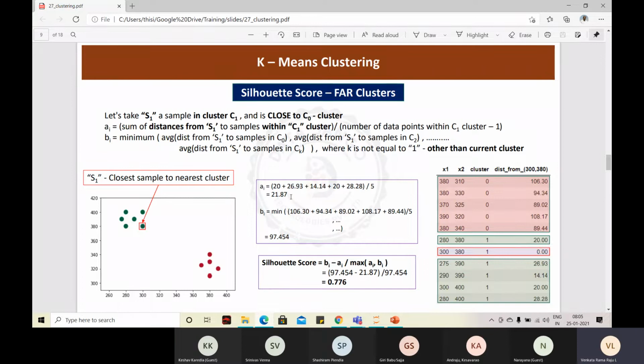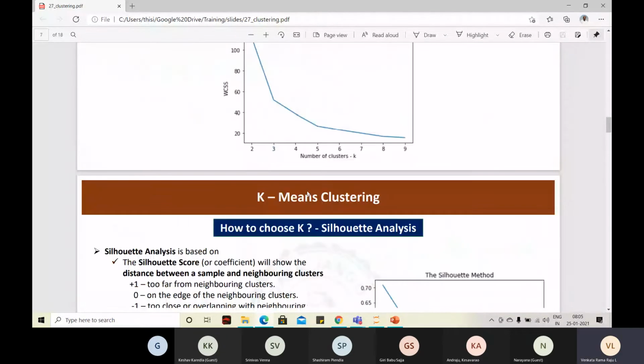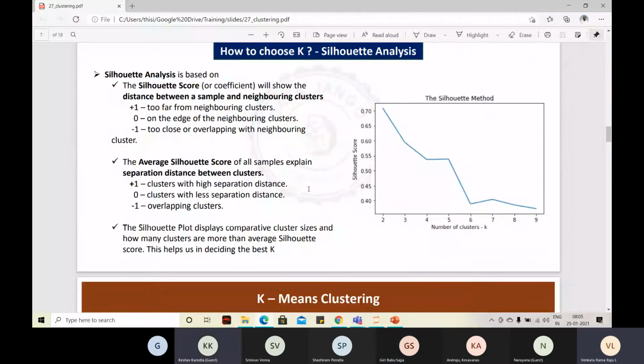At a high level, did you guys understand what I'm explaining? Yes, no? Yes, sir. A little bit of confusion will be there, because of this within cluster, between cluster, that whole confusion.